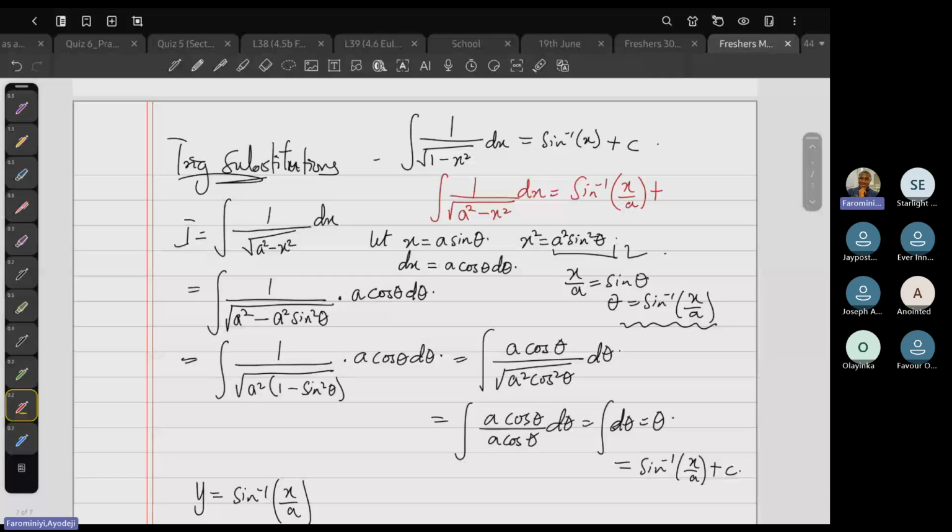Does anybody know? The integral of 1 over a squared plus x squared. Tan inverse of x over a plus c. Yeah, that is almost correct. I think something is missing.